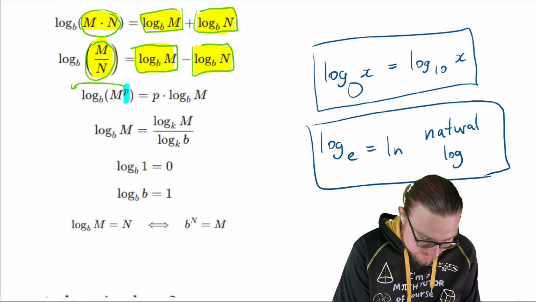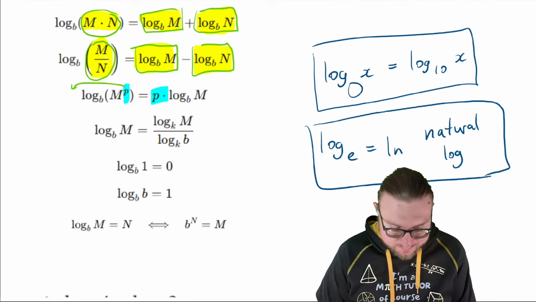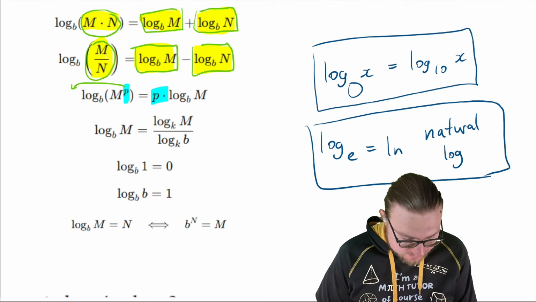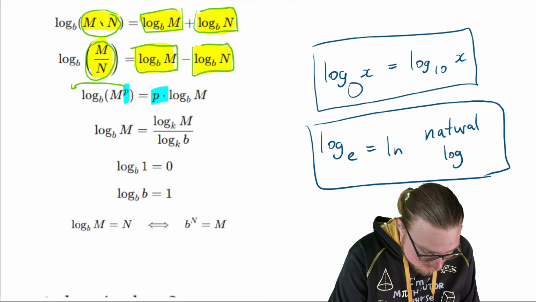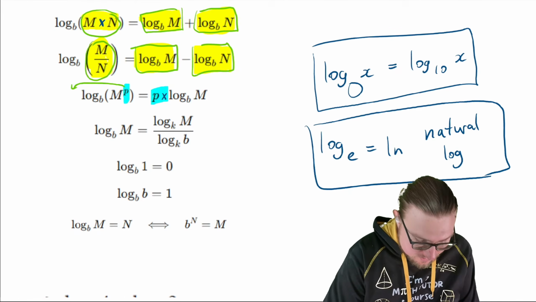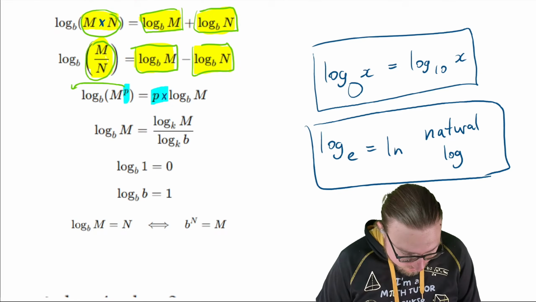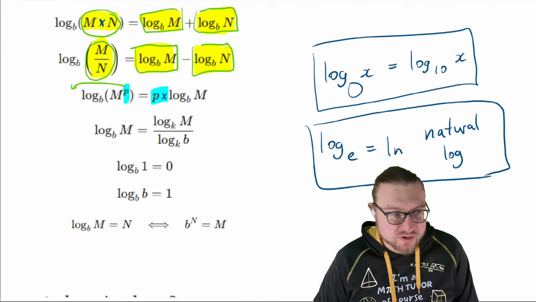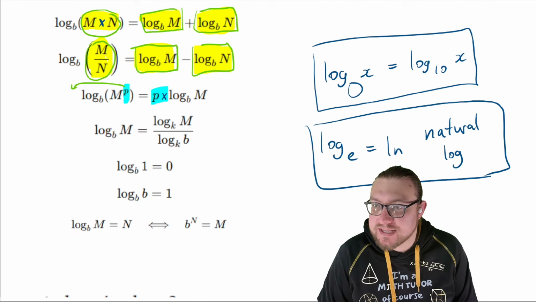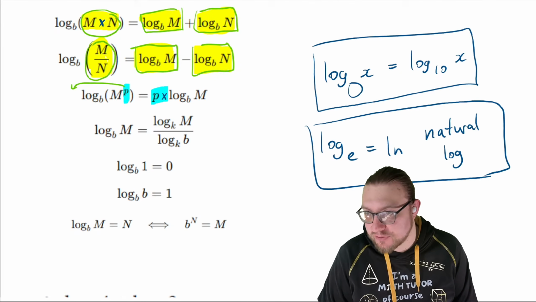It's multiplied in the front, just like this. The dot there is multiplication, of course. You're going to use this one quite a bit where the power moves to the front. And that is actually one of the best properties with logarithms.